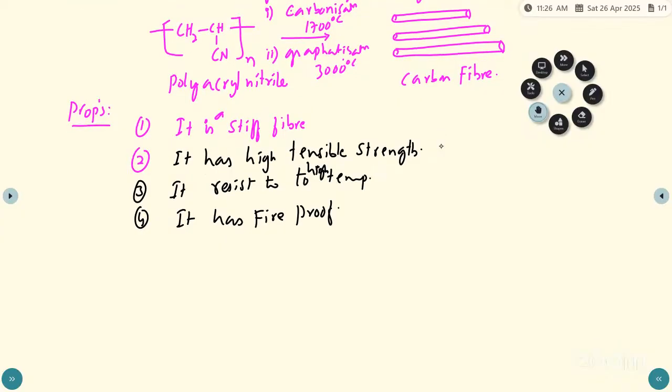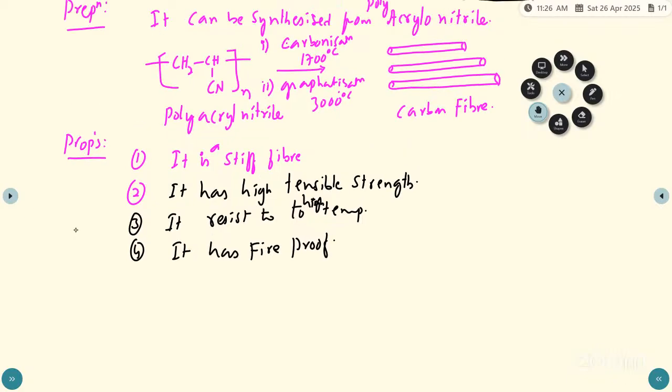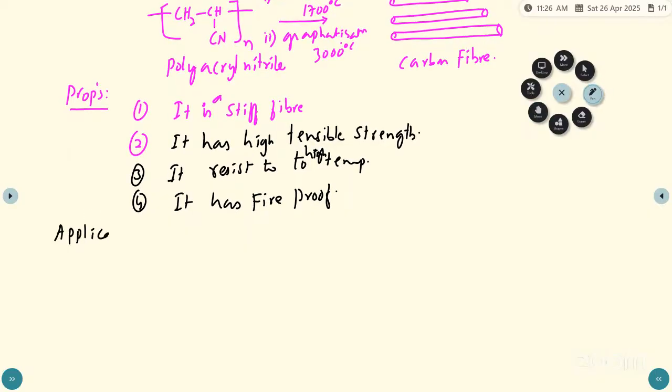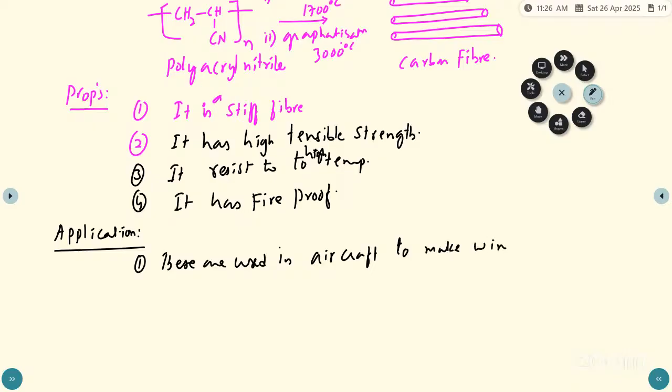Next, applications. So carbon fibers are used in aircraft to make wings of aeroplane and blades of aeroplane.